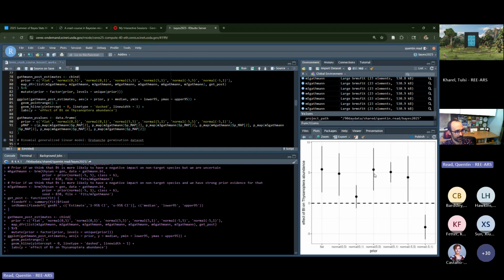And you can see that if you have a wide enough standard deviation, the normal with a mean of 5 and standard deviation of 5, and the normal with a mean of -5 and standard deviation of 5, since that prior is so wide, it doesn't matter as much where the mean is.